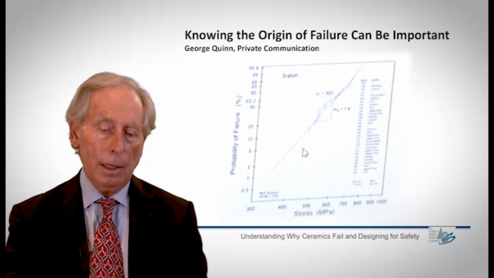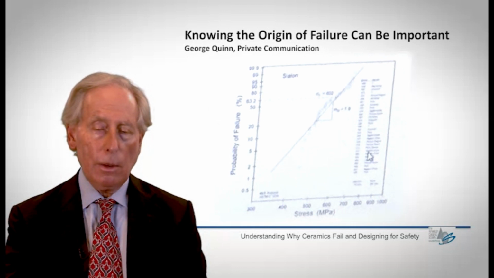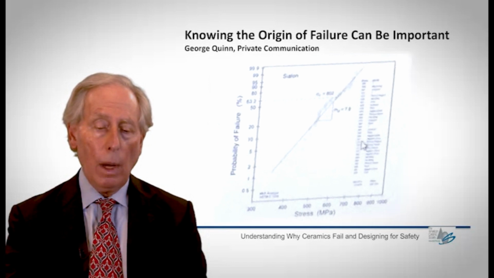And so down at the low stress regime, there is a change in the slope of the curve, and George Quinn, who collected this data and did all of the detailed fractographic analysis, and I'll stress this later on when I talk about fractographic analysis, it's really important to know from what kind of flaw source did failure occur.